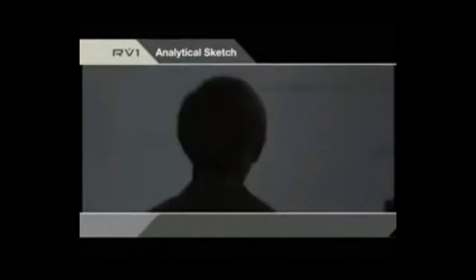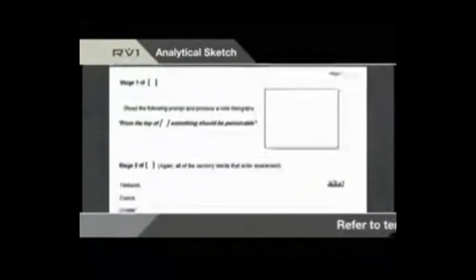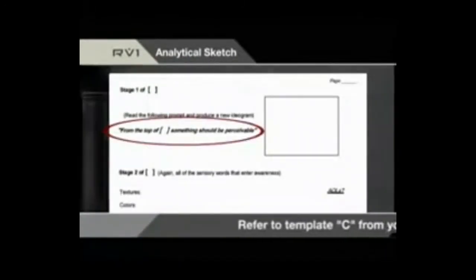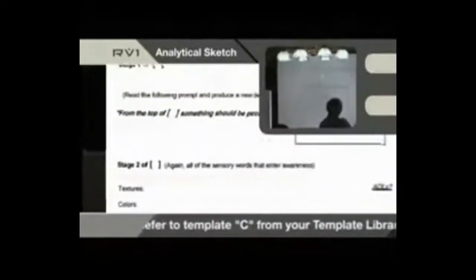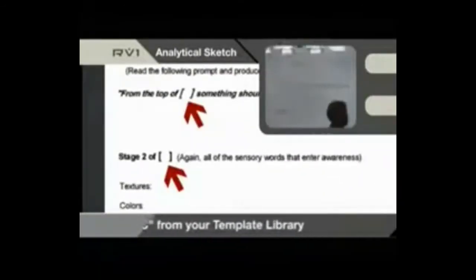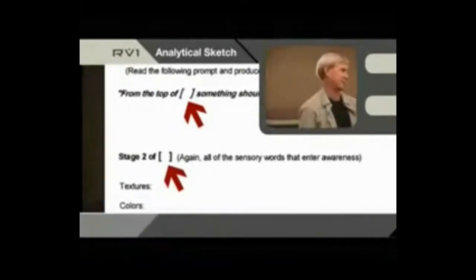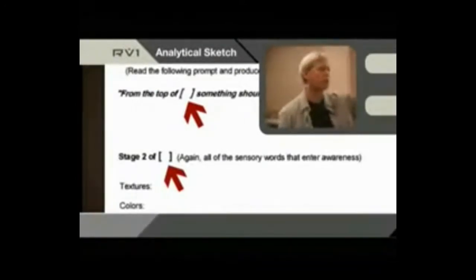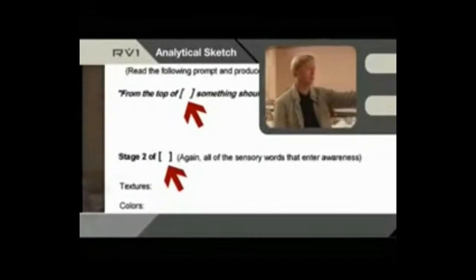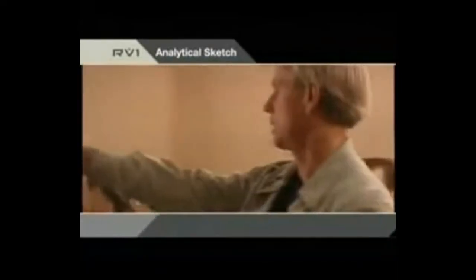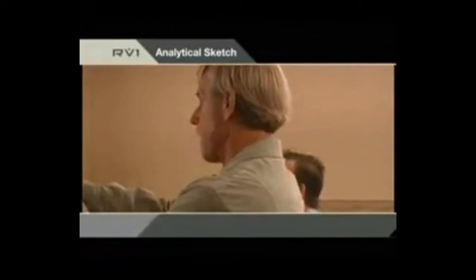Now, there's a new page. We call this statement here a prompt. Read the following prompt. In this case, that blank is X. We want to explore whatever you label as X. The key aspect in your first freehand sketch, that first stage 3, whatever you label as the most important thing is X. So you fill that blank in there, a stage 1 of X. And you read that per the instructions.